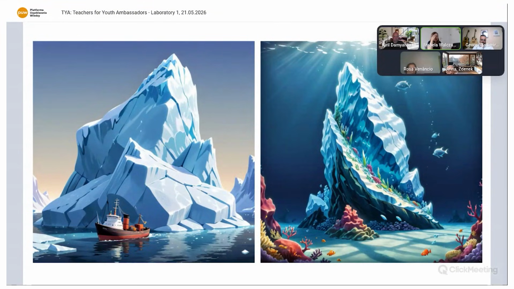Here we've got this metaphor of the iceberg. So some people say, okay, your solutions, your creative thinking, this is only the tip of the iceberg. What is really important and where most of the effort and work and time should go is under the water.